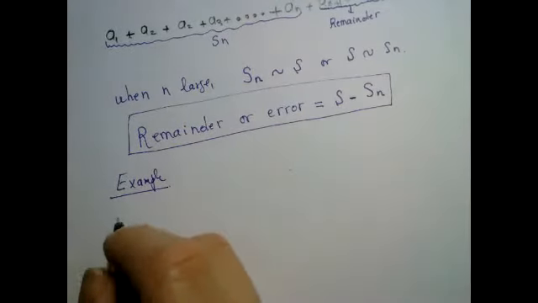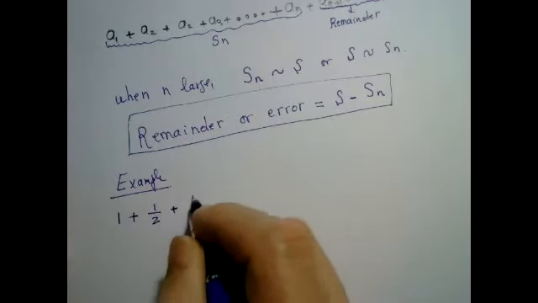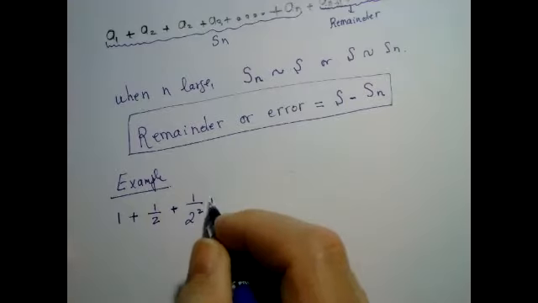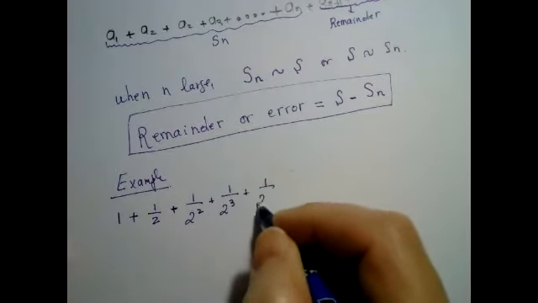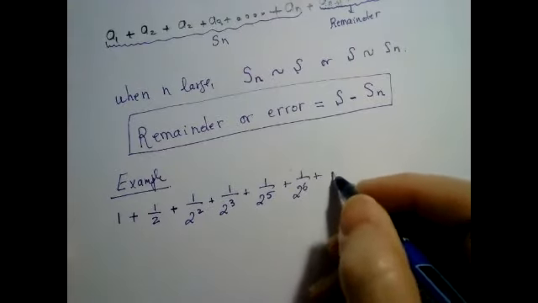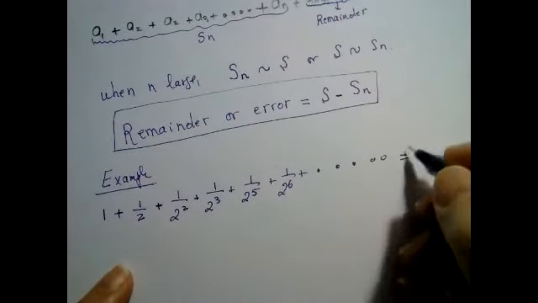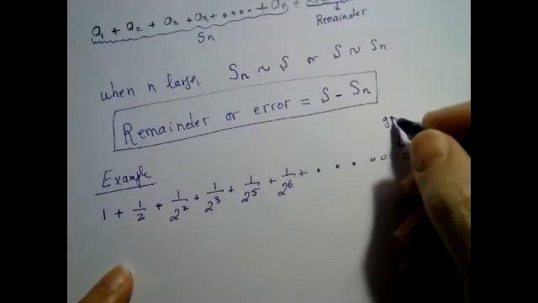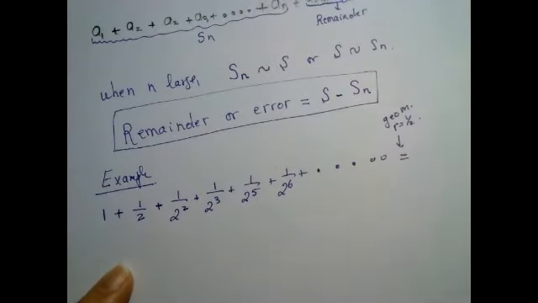So for example, let me take a series that we know. Suppose I take the following series: 1 plus a half plus 1 over 2 squared, etc. Okay, so that's the geometric series, and the ratio is a half.